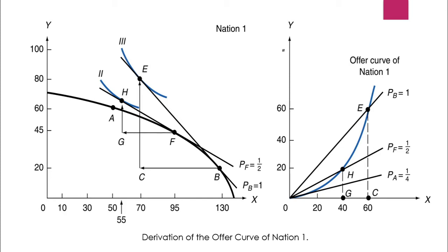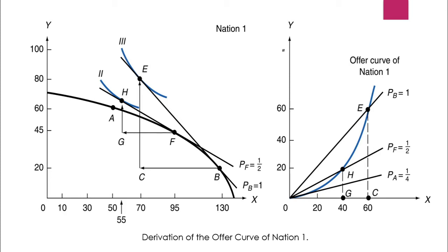So even though the point of production is point B, the point of consumption for this nation is different from point B. It is at point E, where the same terms of trade line PB equal to 1 is tangent to the highest possible community indifference curve 3. So that is the point of consumption.